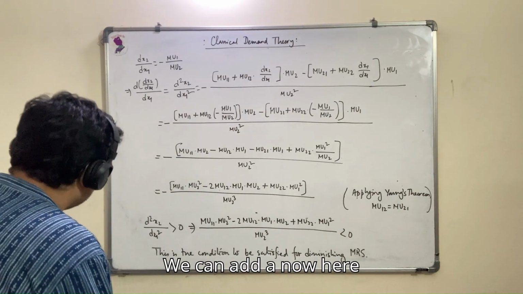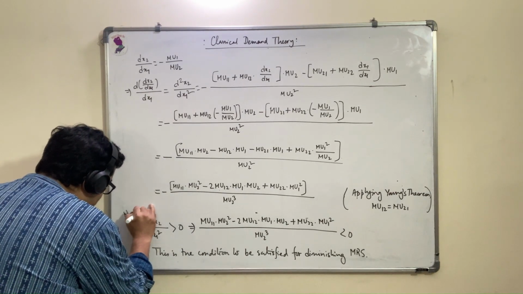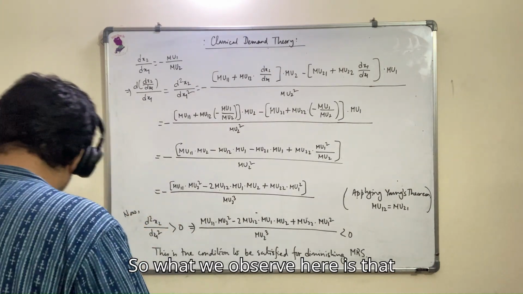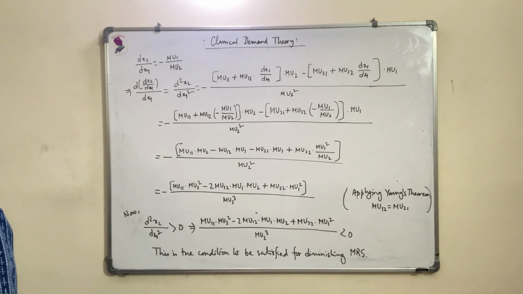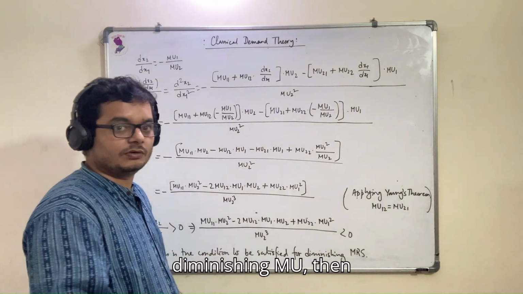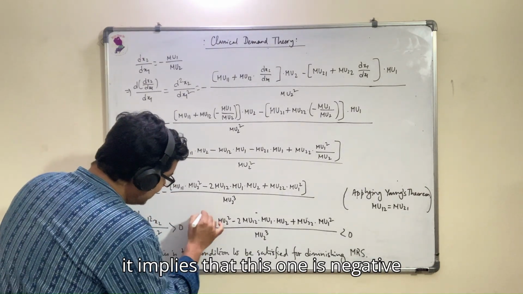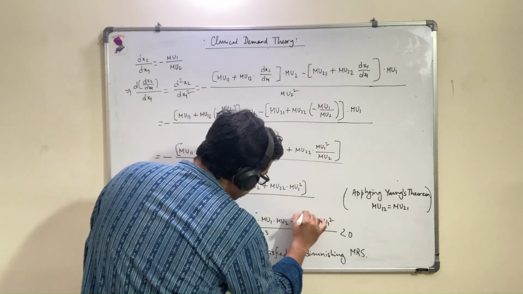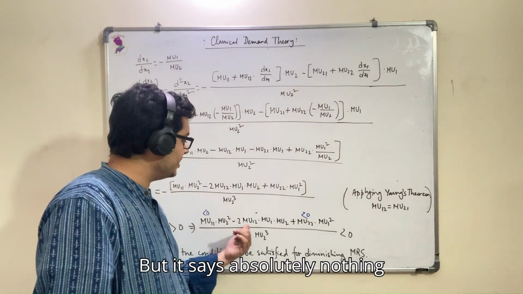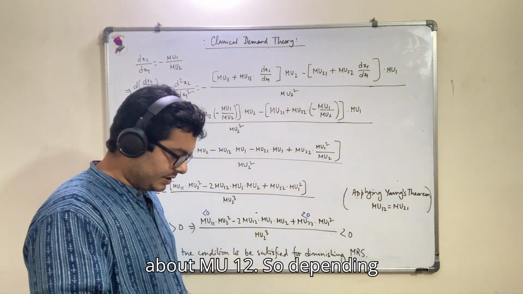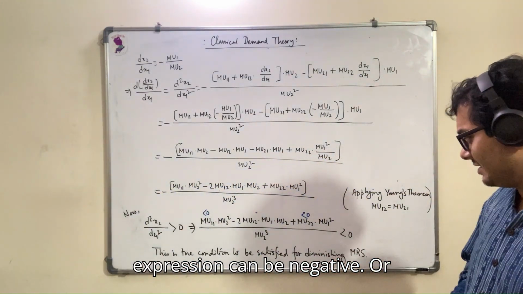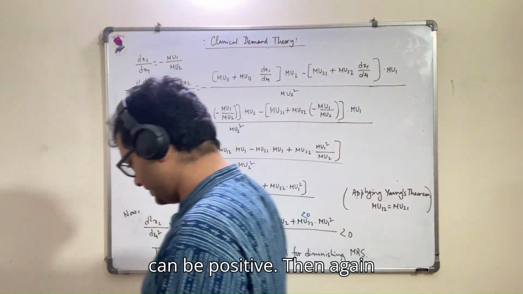We can add a note here just to complete. Okay, so what we observe here is that if we bring in the law of diminishing MU, then it implies that this one is negative and this one is negative. But it says absolutely nothing about mu12. So depending on the sign of the cross partial, this expression can be negative or can be positive.